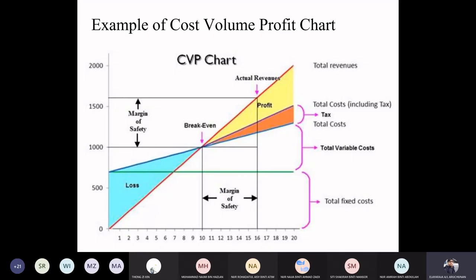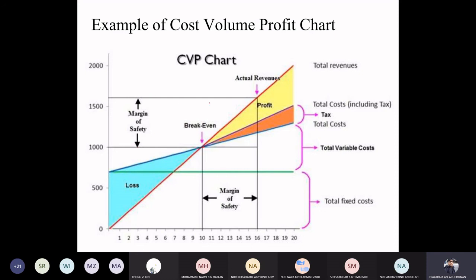So the margin of safety. We call this the margin of safety, the range given between this. This is a margin of safety because you earn a good amount of profit. Beyond that, whatever you earn is a great profit.